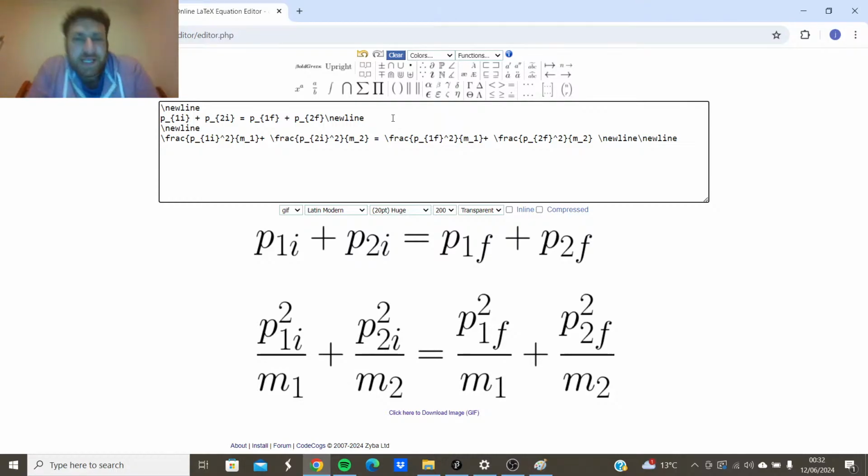In other words, there's going to be some change in momentum of mass 1, and the difference between momentum final 1 and momentum final 2 is going to be that.